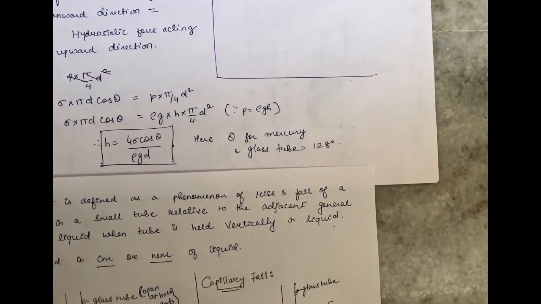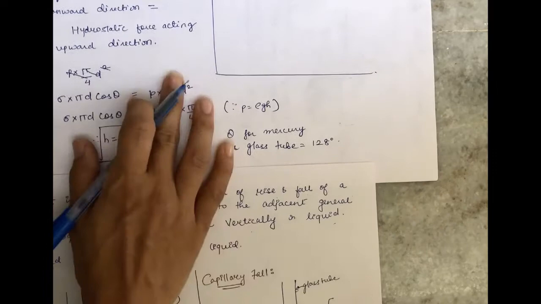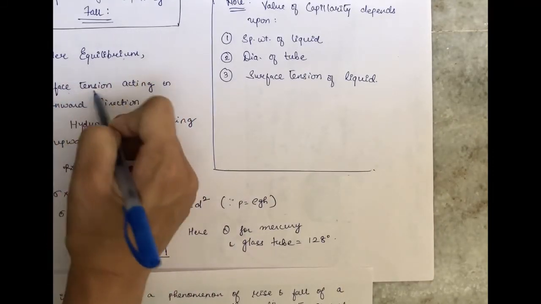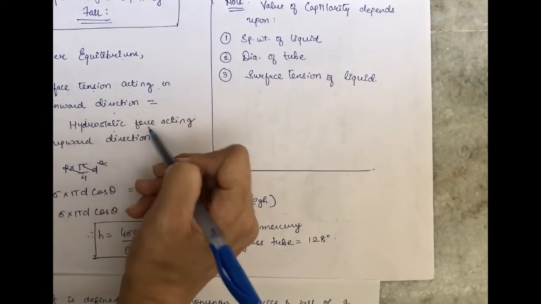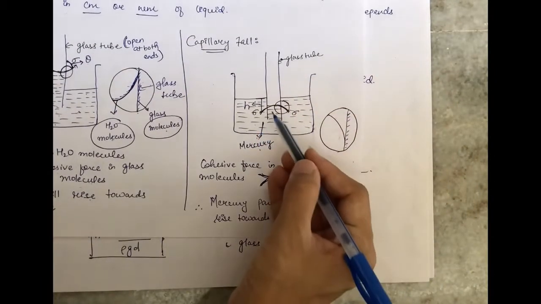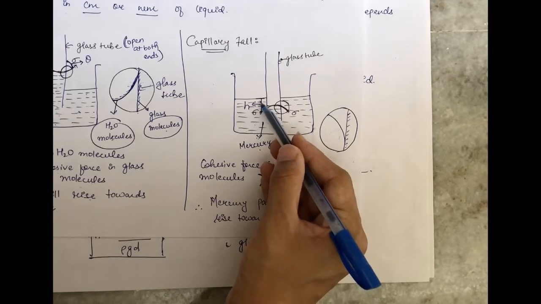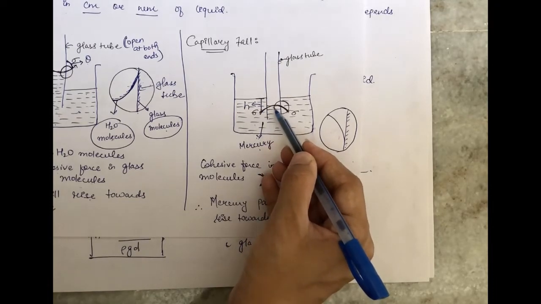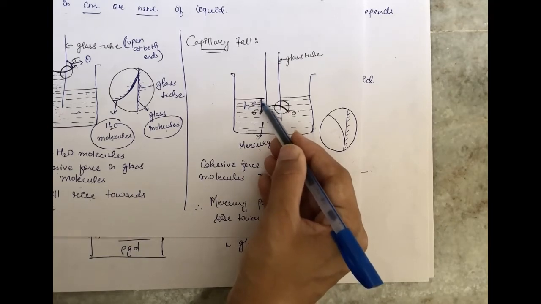Here it is written that under equilibrium, the surface tension acting in downward direction is equal to the hydrostatic force acting in upward direction. As you can see in the figure, the depression in the liquid caused due to capillary fall is kept in equilibrium.